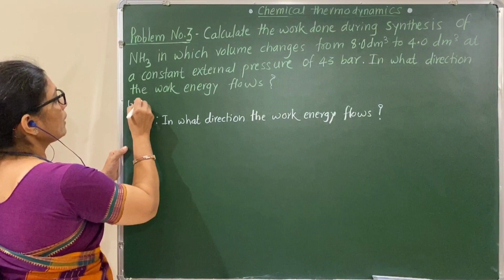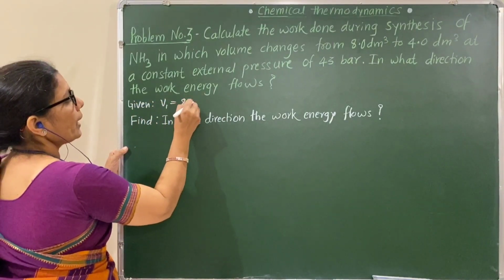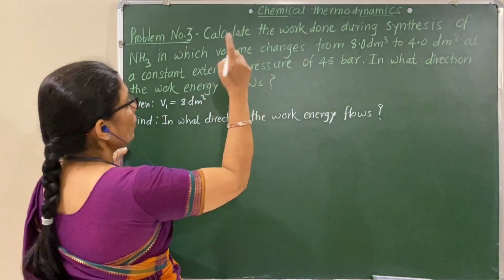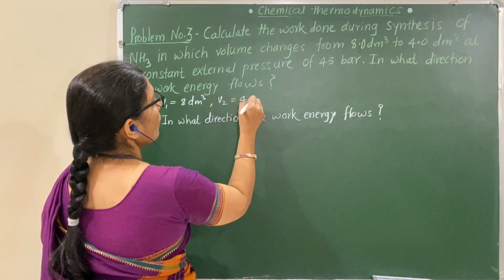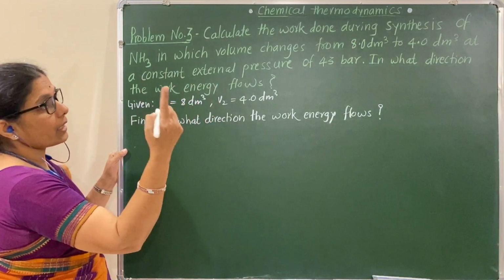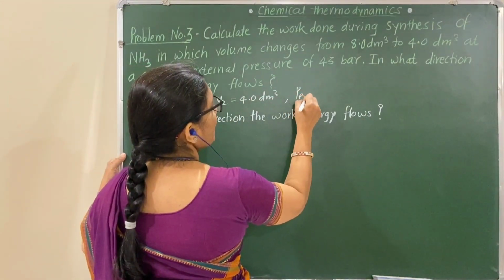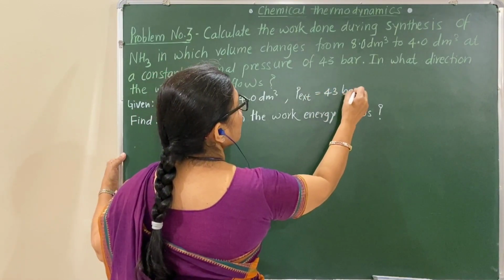Therefore, here given V1 is equal to 8 dm cube, then V2 is equal to 4 dm cube, at constant external pressure of 43 bar. External pressure is given in bar.